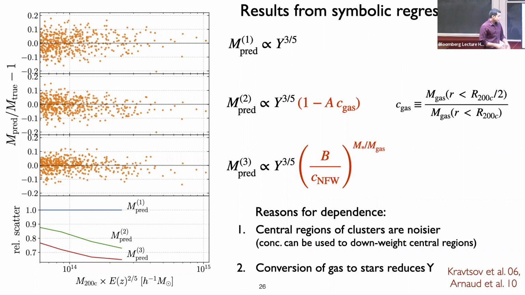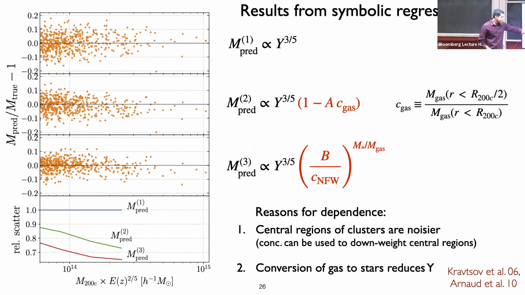One of the things for the second equation to work, we think, is that the central regions of the clusters are noisier than the outskirts. This was already known in the X-ray community, but we can use this fact in the second equation, and that's why it gives us a better prediction for the cluster mass. Essentially what we are doing in the second equation is downweighting the central region and upweighting the outskirts.